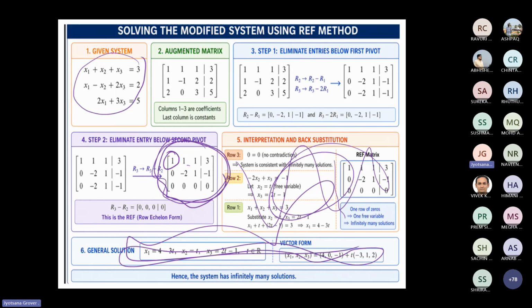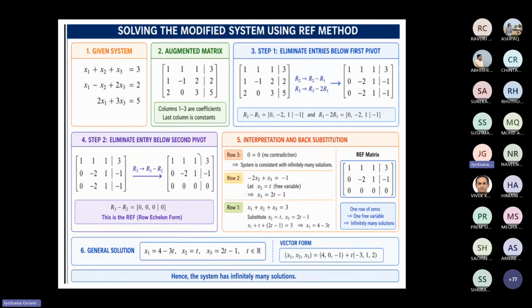If you have to do some implementation, you write a program, and you will see which columns are pivot columns, and corresponding to those columns you say these are the pivot variables. Column 1 contains the leading entry of row 1. Column 2 contains the leading entry of row 2. These are the pivot columns, and now the third column is the free column.